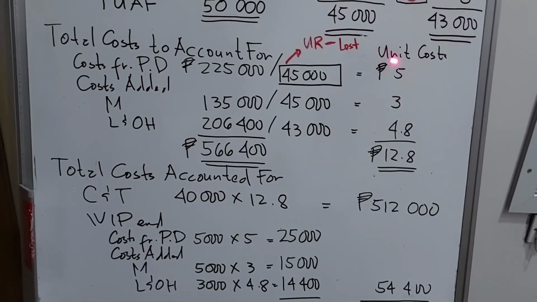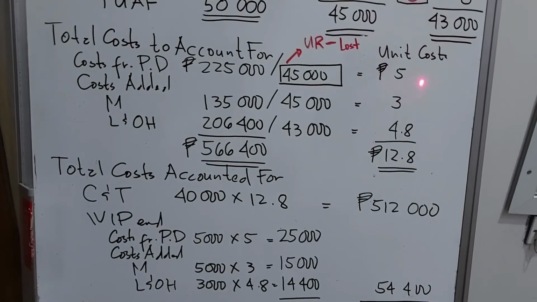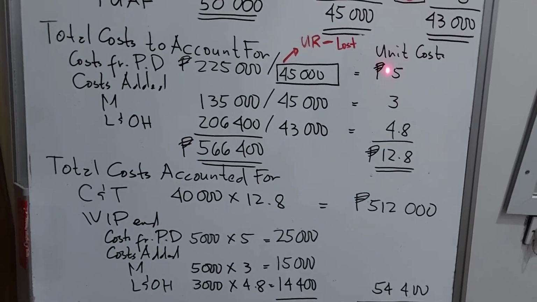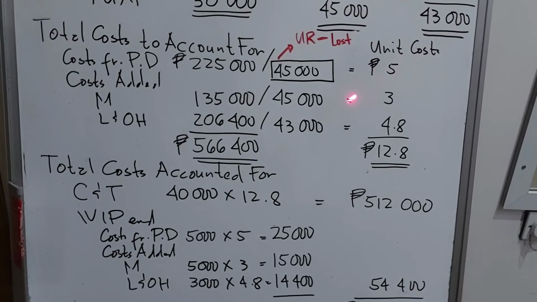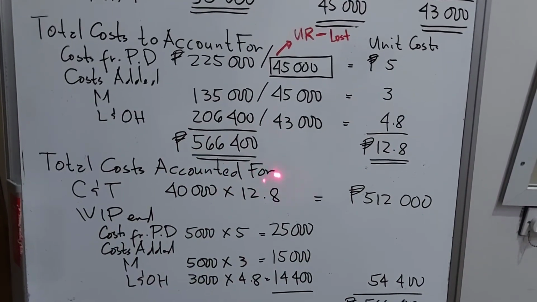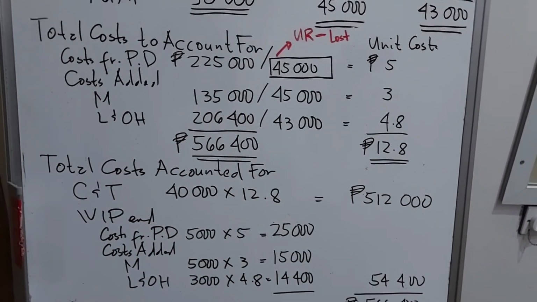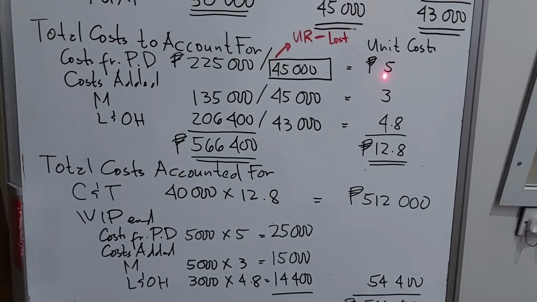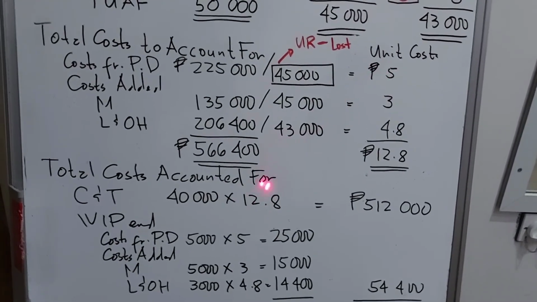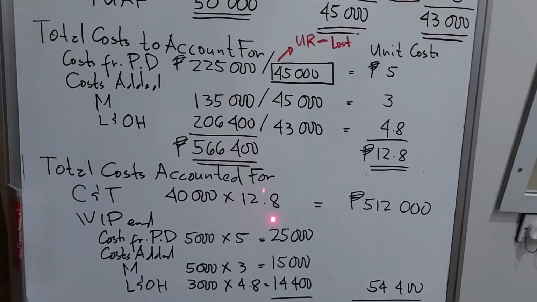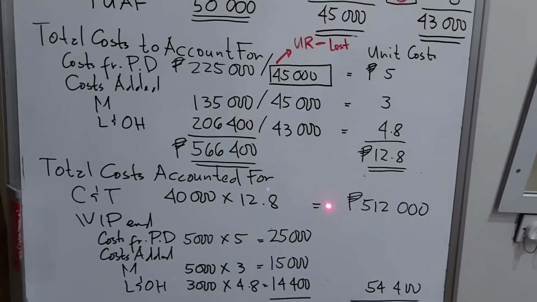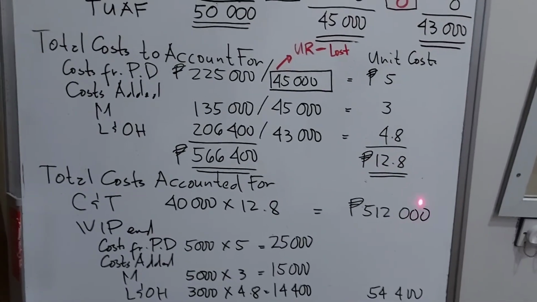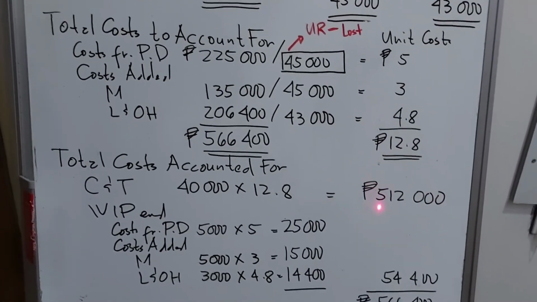Kasi yung unit cost dito from preceding department, dapat 4.5 lang, pero naging 5 pesos. Itong 12.8 na yan, dapat ay 12.3 lang. Naging 12.8, ibig sabihin yung 0.5 na yon na-absorb ni completed and transferred. Iyon yung cost ng loss units.